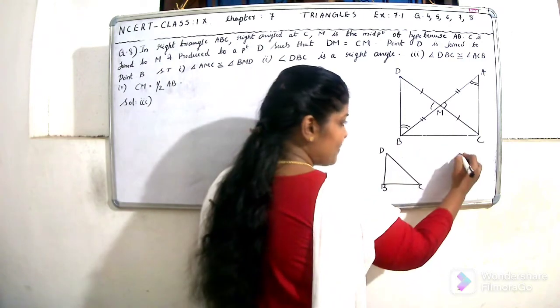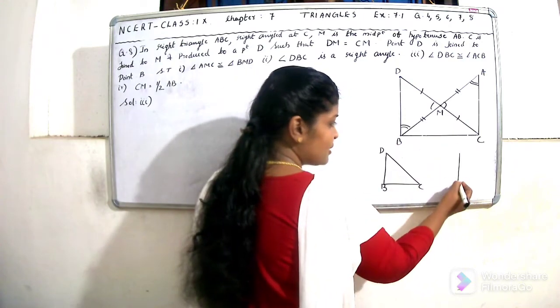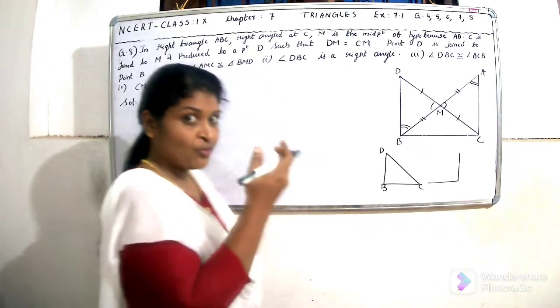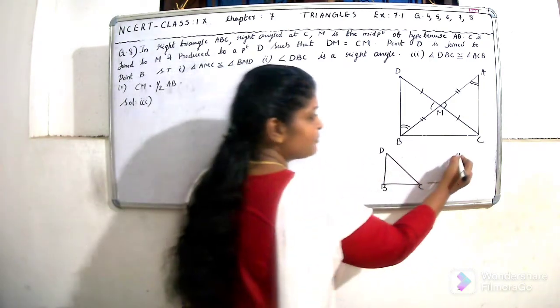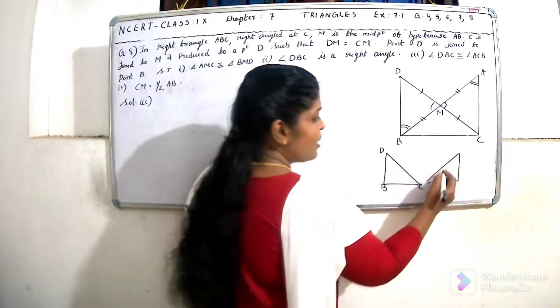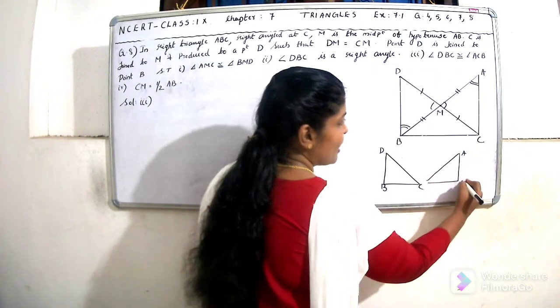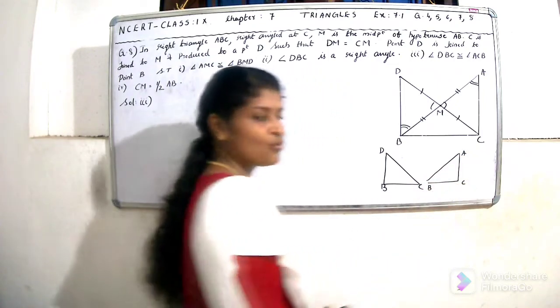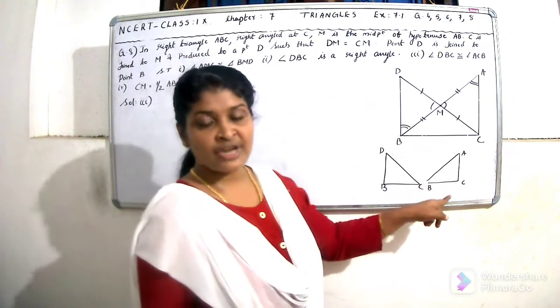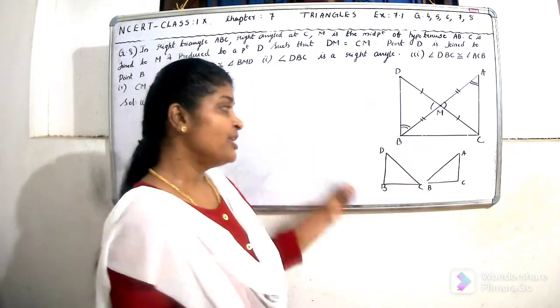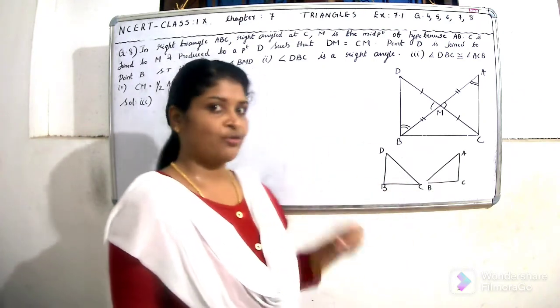I am drawing ACB separately, though actually they are not separate, but we have to look at them separately, that's why I am drawing separately. These are the two triangles we have to imagine, and these two triangles are congruent. That is what we have to prove.